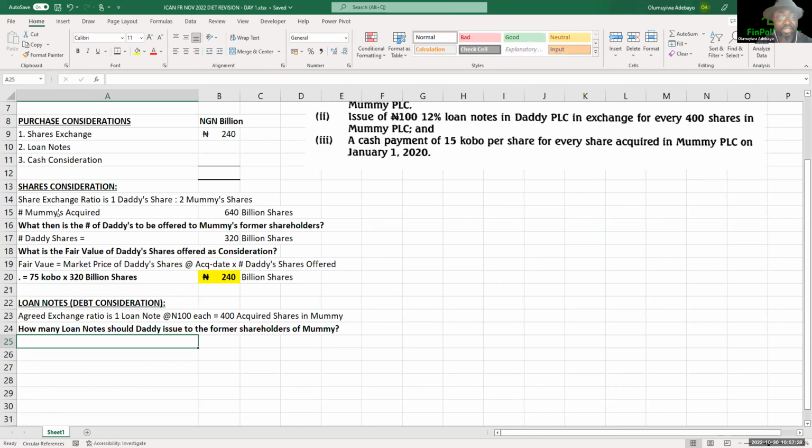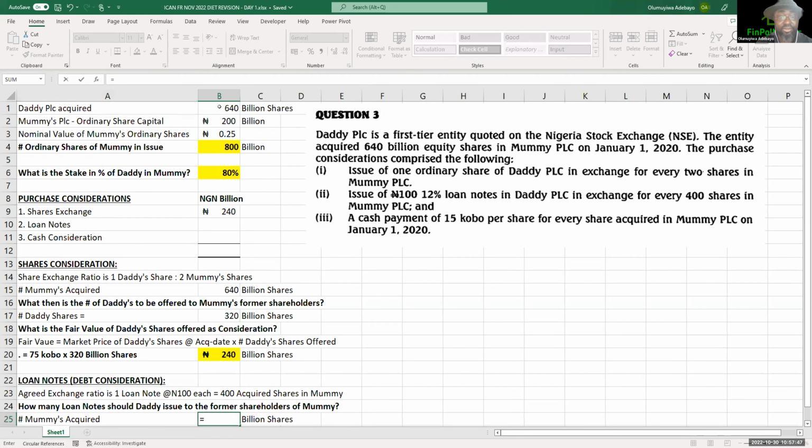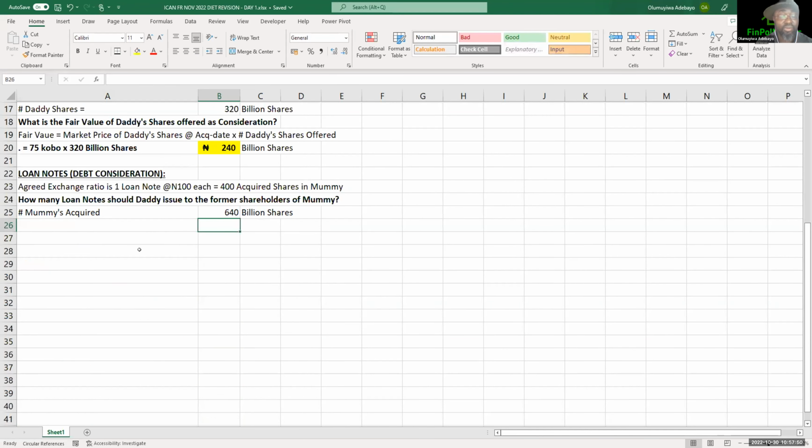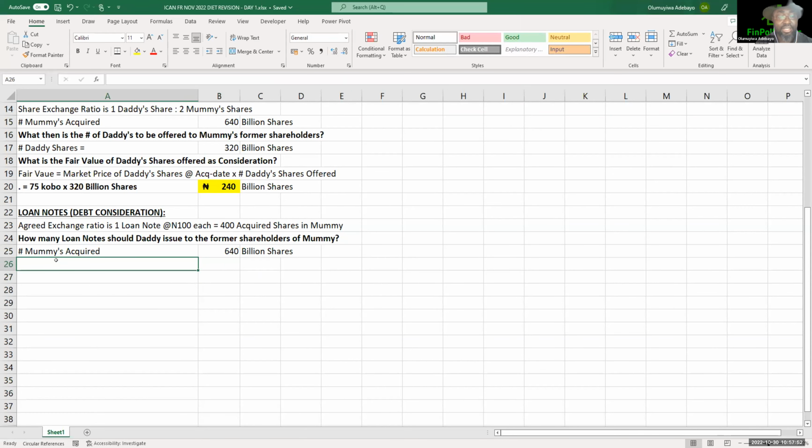Now, we'll refer back that the total shares acquired in Mommy is still this, which I can link to 640. Now, we'll ask ourselves that based on the ratio, the number of loan notes to be issued will equal 640 billion divided by 400 shares.